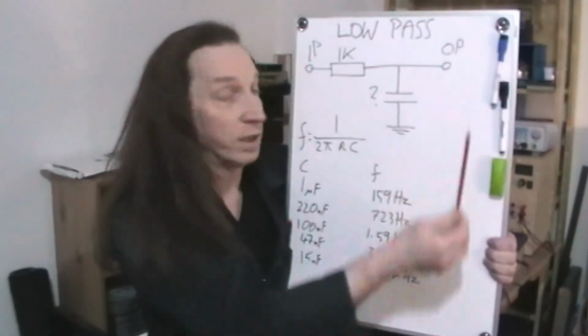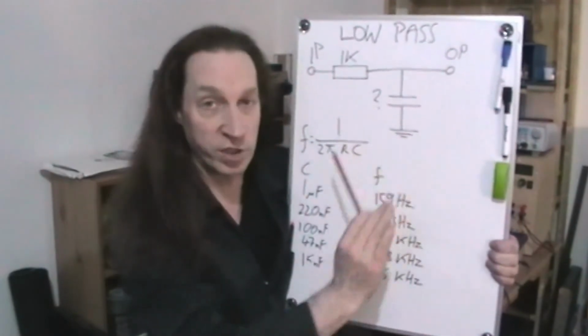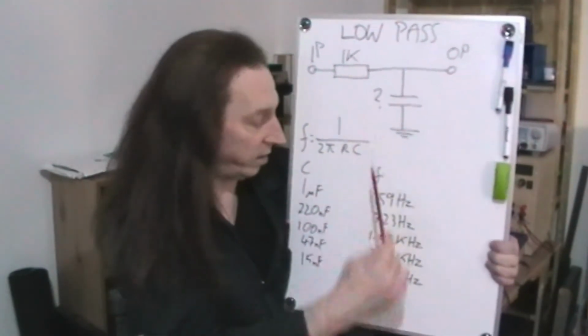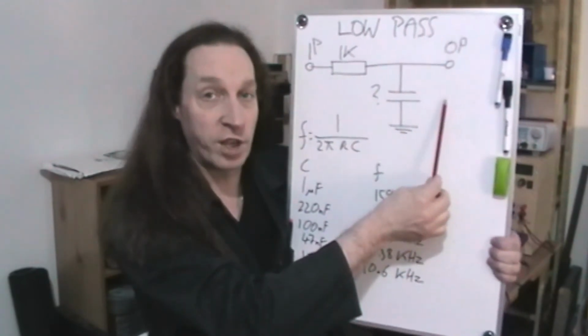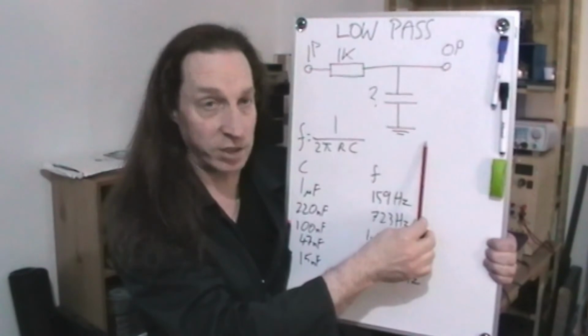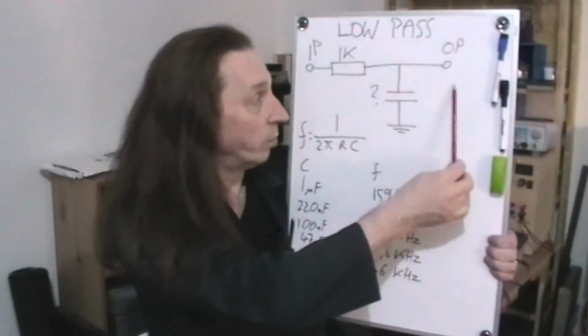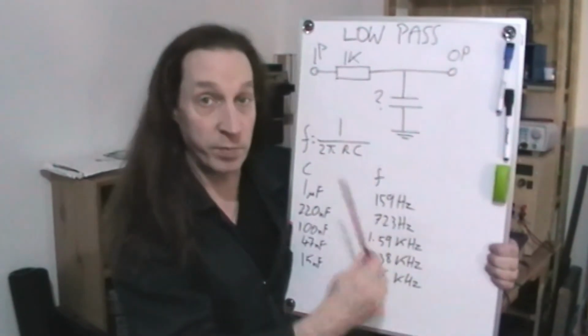That would give me the sort of output. I know it can be refined a lot more and made more specific about what you want, but that seemed to demonstrate the principle that the larger the capacitance, the more the frequency is sent to ground. The lower the capacitance, the more you see that frequency at the output. And you see everything that's below that.